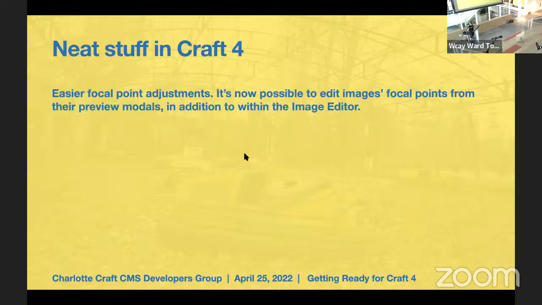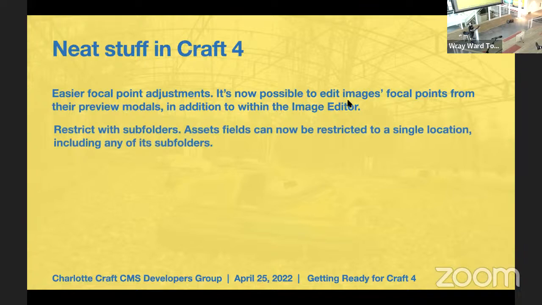So now you don't have to actually go to the asset and change the focal point, which has been a little bit painful from what I've heard from some editors. If you're including that in an entry, in an image field or an asset field, you actually can change that focal point right then as it pops up in the little window, which is cool.